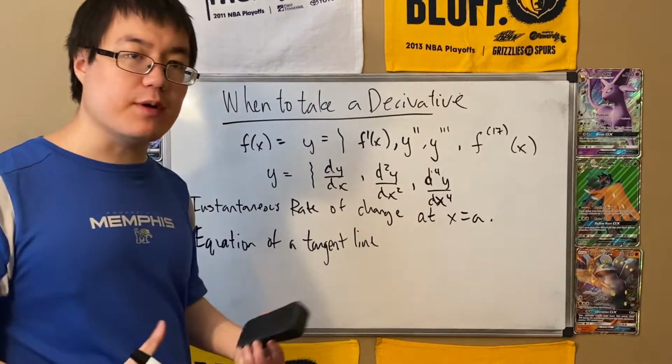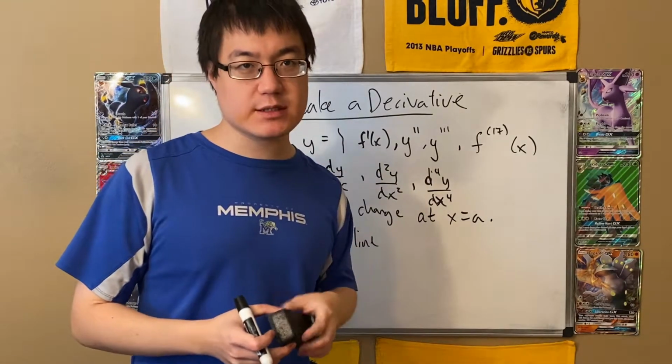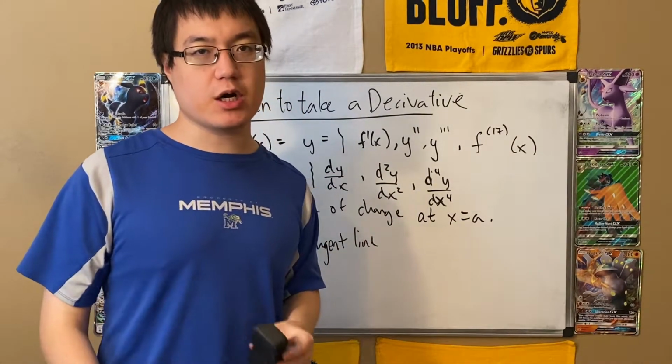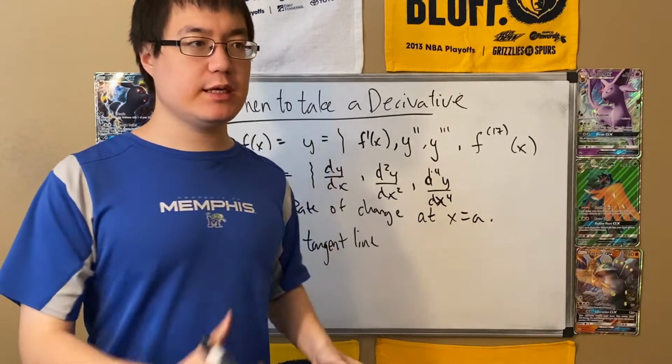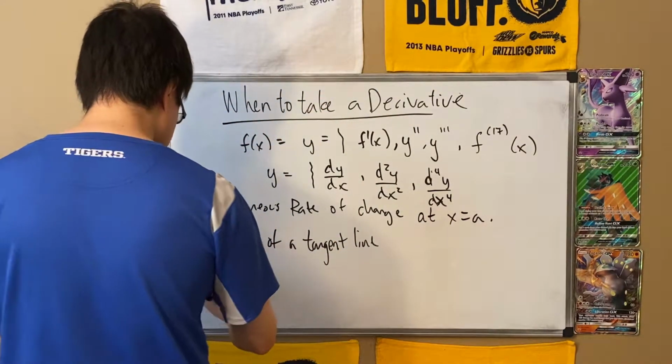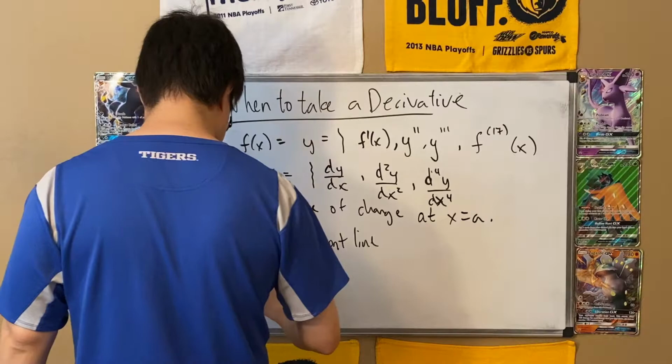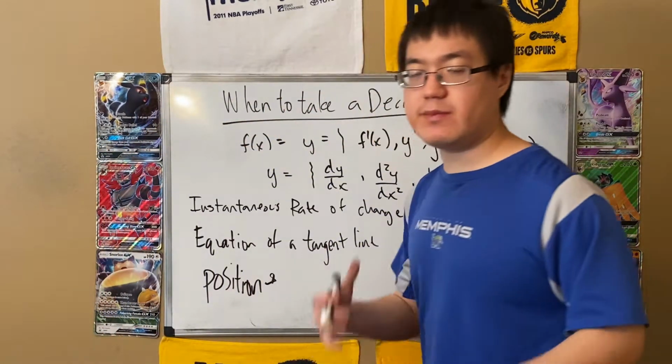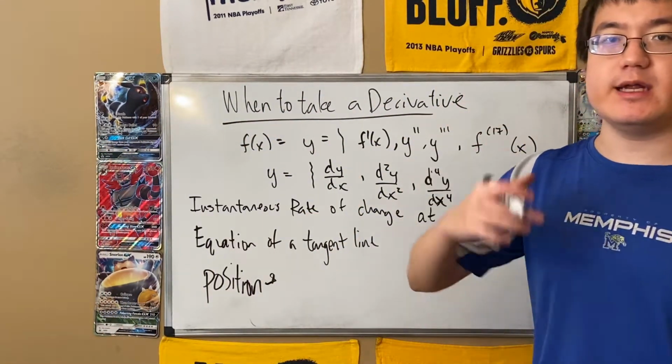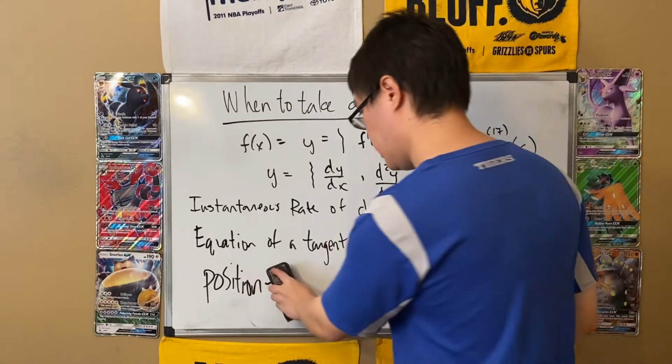Then there's particle motion. So now we're going to introduce a little bit of physics, but there's three main functions we're going to talk about: position, velocity, and acceleration. And when we say velocity, we mean an instantaneous velocity. The velocity at t is equal to 7 or something.